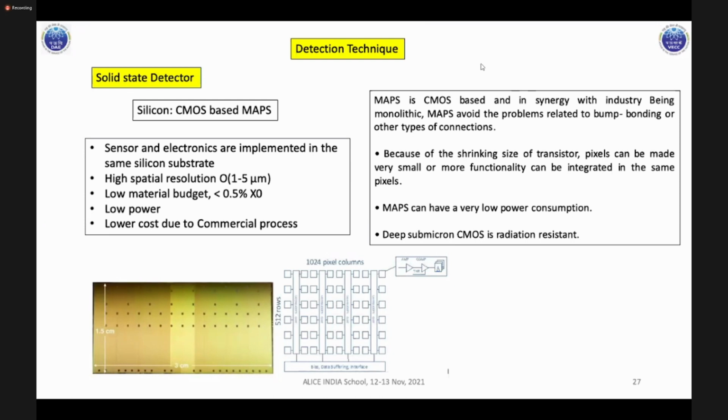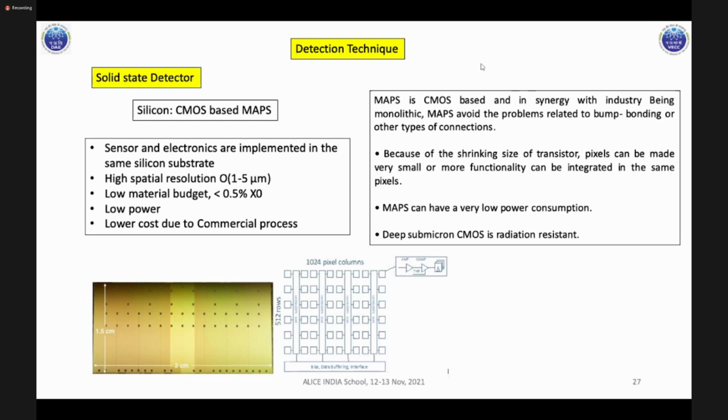So you are in very good shape as far as your detection medium for a very highly dense environment is concerned. Okay. So if somebody tells you that they are using MAPS instead of usual silicon technology, it means they need very high granularity because they might need to measure a lot of particles within a very small area.